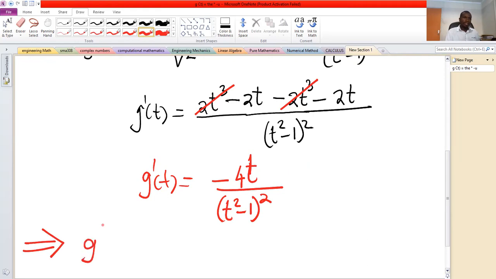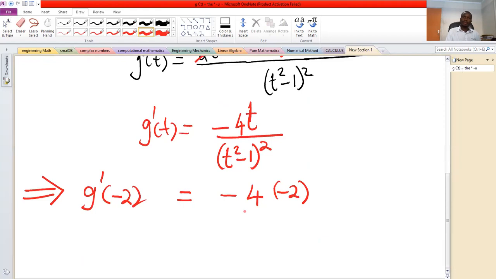But you evaluate g prime at minus 2. So this will be minus 4 into minus 2 over minus 2 squared minus 1, then square.